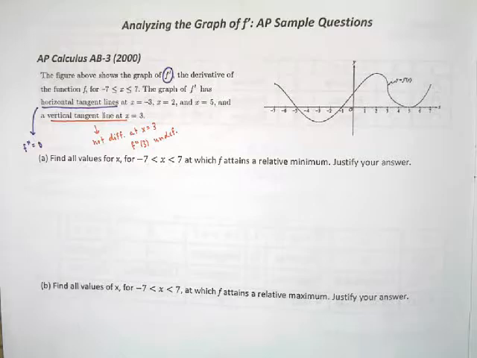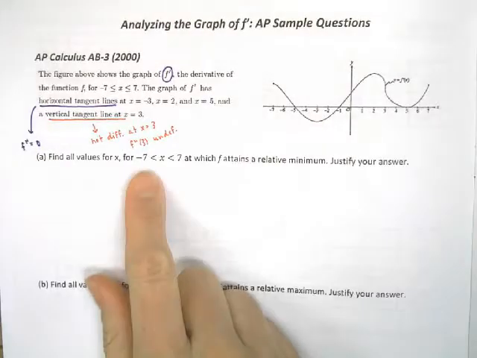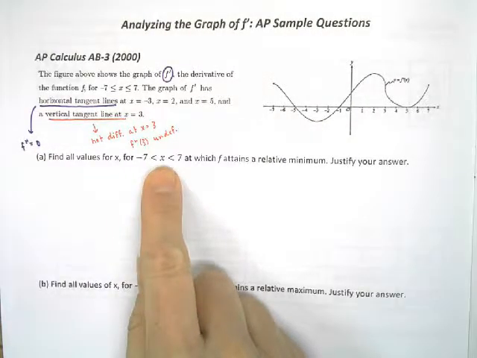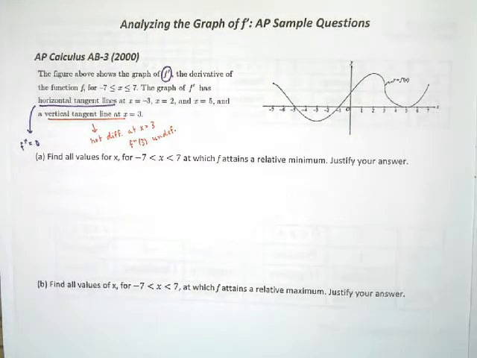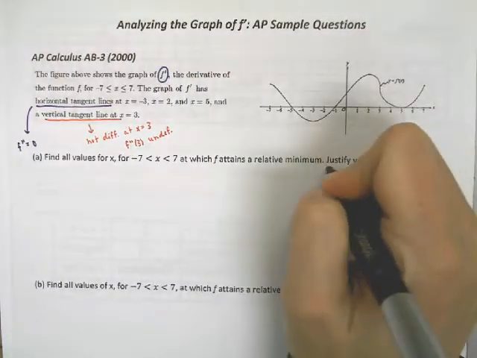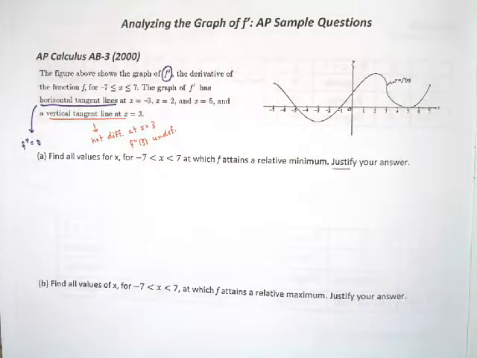Now, in part A, it's asking us to find all values for x between -7 and 7, not inclusive, so I don't need to worry about those endpoints, at which f attains a relative minimum, and to justify our answer.